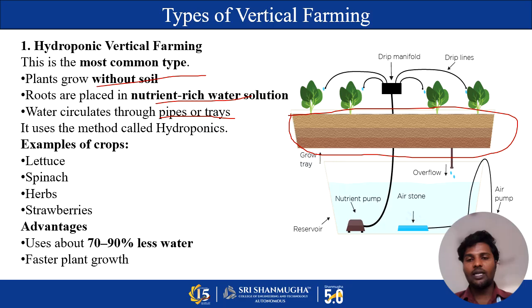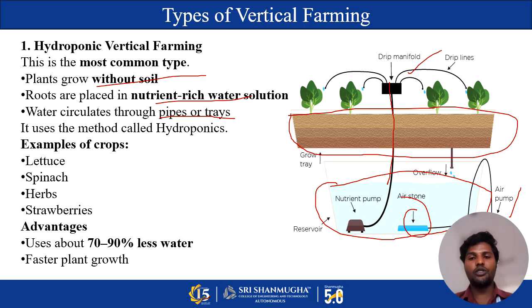Here is the reservoir that is rich in nutrients with a water solution. Through these pipes, nutrients are supplied to the plants through individual channels from the reservoir. Air is given for aeration to the solution, driven by the air pump. Each drip line conveys the nutrient solution from the reservoir to each plant.